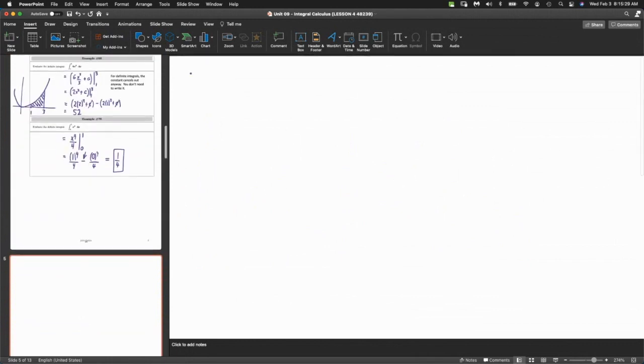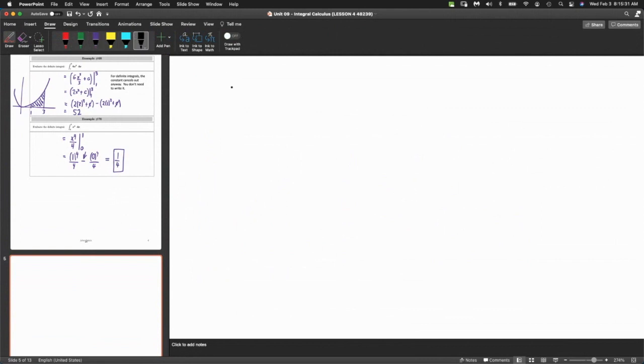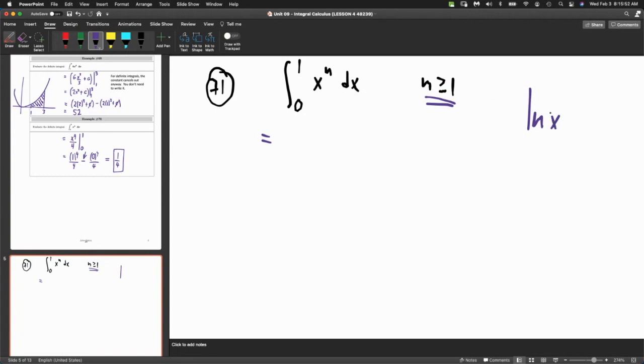So we're doing example 71 now. We're doing the integral from 0 to 1 of x to the n dx, and n is greater than or equal to 1. What I'm really doing here for you is making a formula. Because n is greater than or equal to 1, you know ln x, we're not going to have it here.